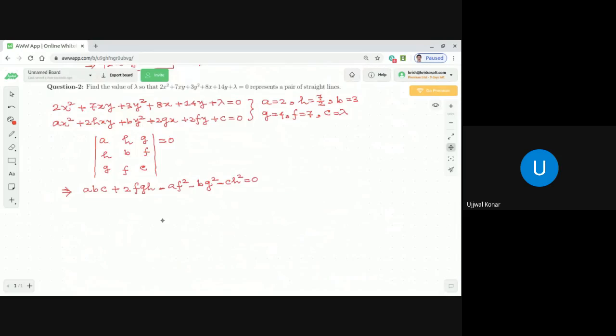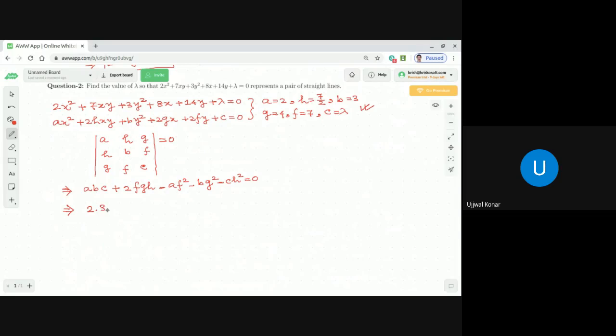So now all you need to do is apply the values of a, h, b, g, f and c as we obtained here. In context to our question, a is equal to 2, b is equal to 3 and c is equal to lambda.